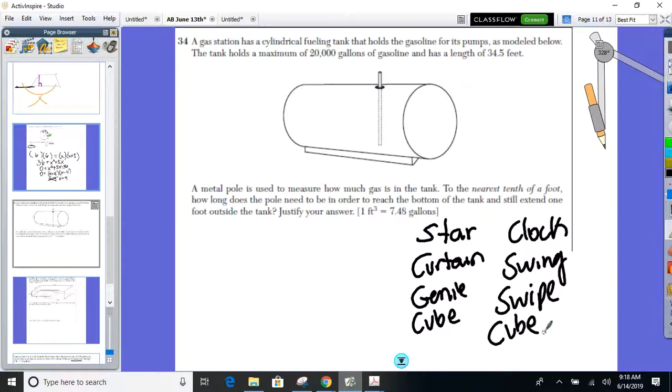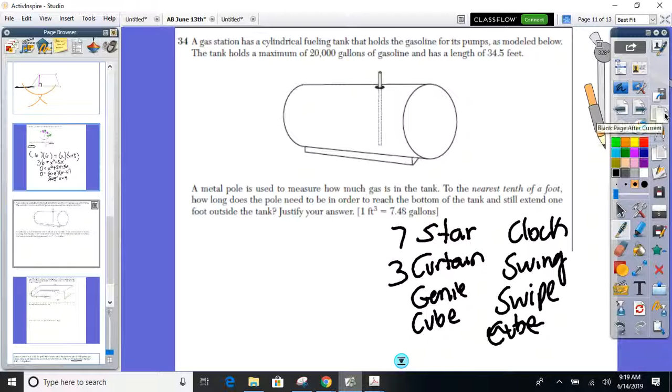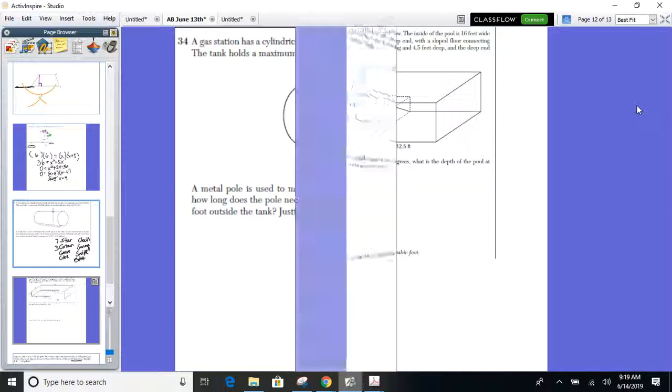Anything else you want me to add here? Stars. Curtains. Genie. So we're going Star and Promethean Man for the vest. Star or Promethean Man?